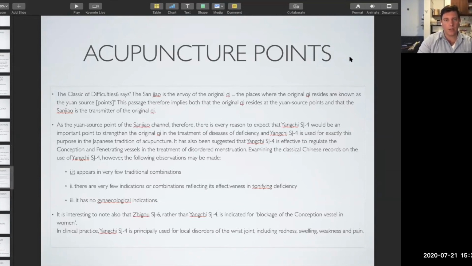Classic of Difficulties 6, we're going back, I think, 1,400 years for that. All of this is to say that it's hard to know what to make of the Sanjiao.